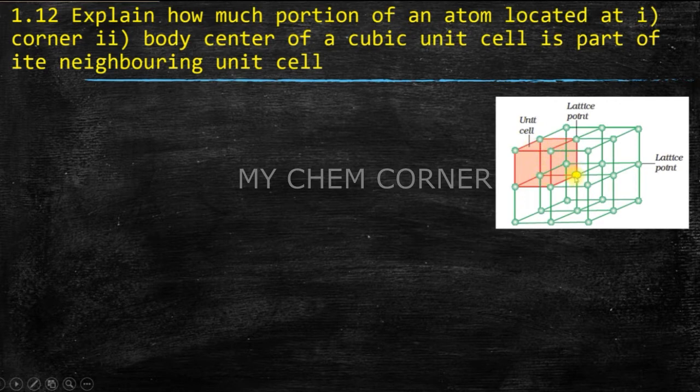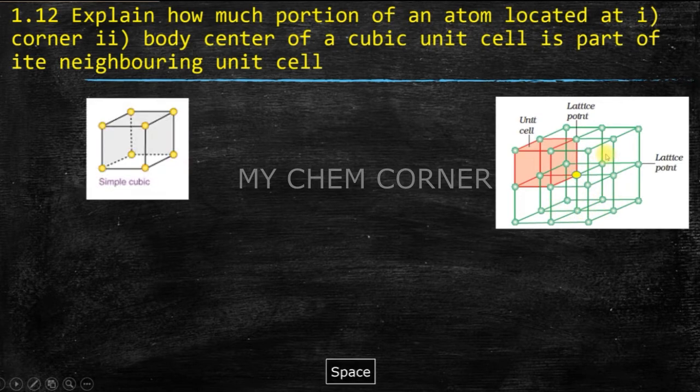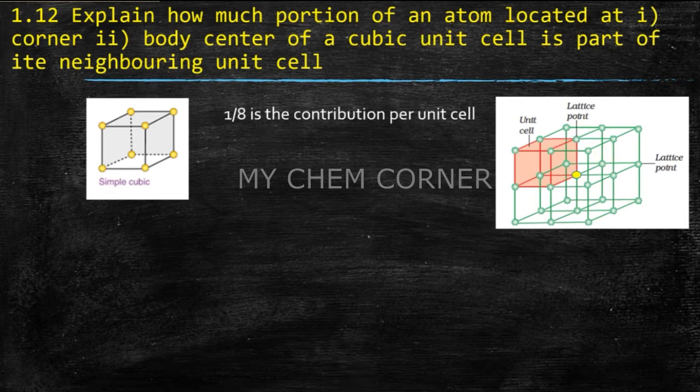I'm going to talk about that one atom of that unit cell which is shared among 8 unit cells. How is it 8? On the top layer I have 4, on the bottom layer I have 4. So this particular atom is shared among all 8 unit cells. So for a simple cube, I am sharing that one atom among 8 unit cells. So it's going to be 1/8 of a contribution per unit cell.